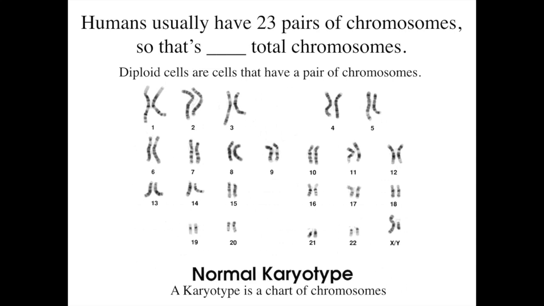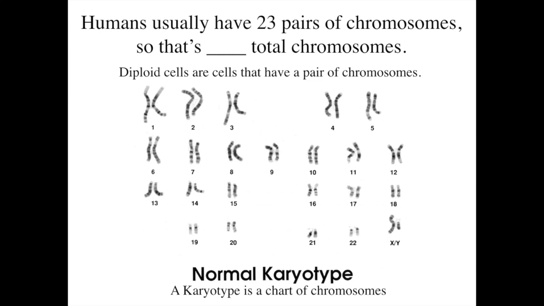So there is a total of 23 pairs of chromosomes. That means there's a total of 46 chromosomes. 23 pairs, a pair means 2, so this is 23 times 2, a total of 46 chromosomes. Looking at this again, there are 22 pairs of regular chromosomes plus 1 pair of the sex or gender chromosomes.